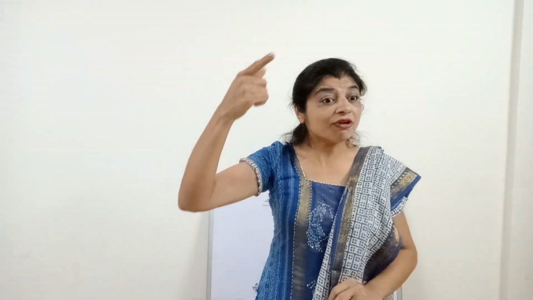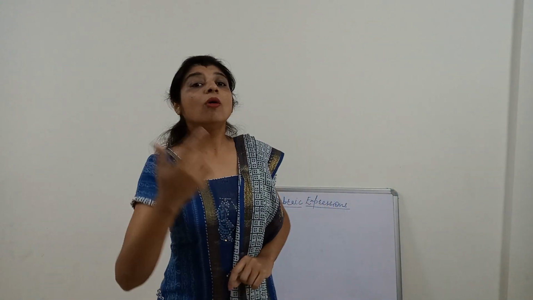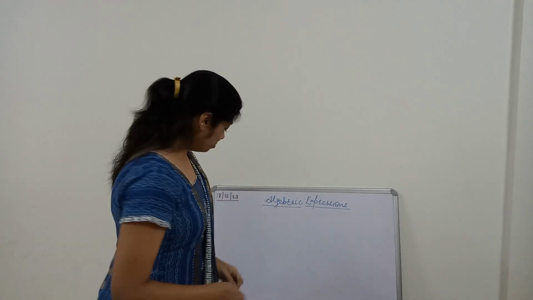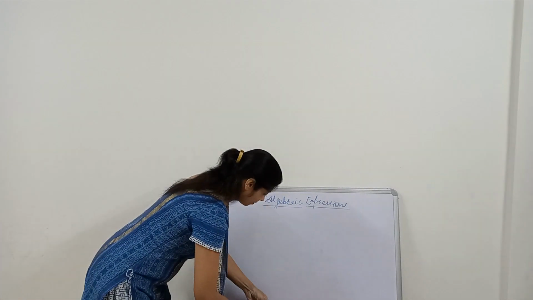I repeat, like terms means the terms that consist of the same variable but with the same power. Power should not vary. Power means index, the number written on the head of another number or a variable. How? I'll show you here.